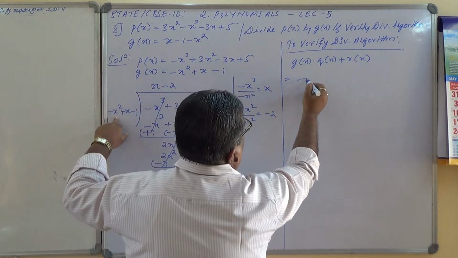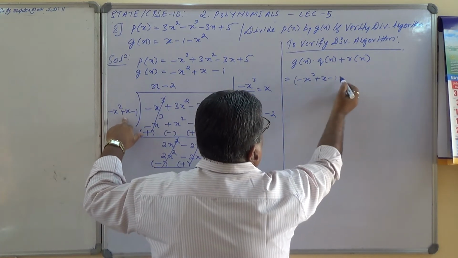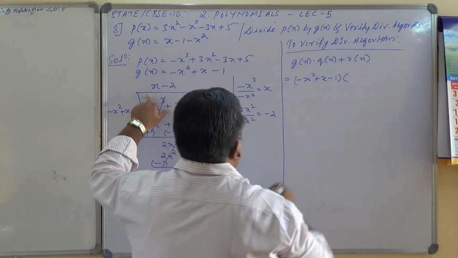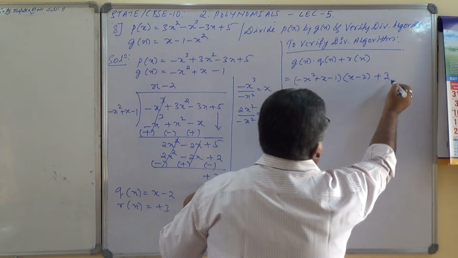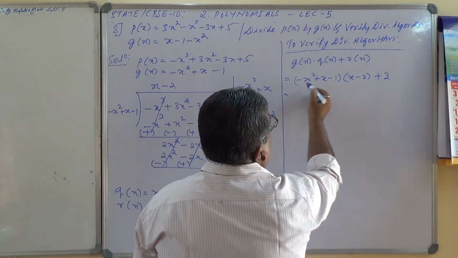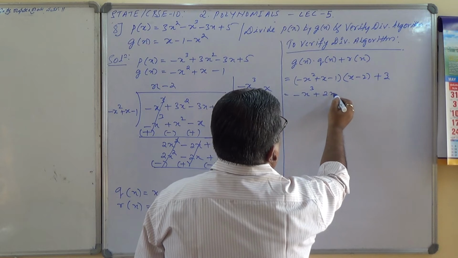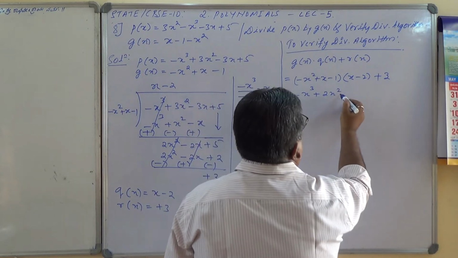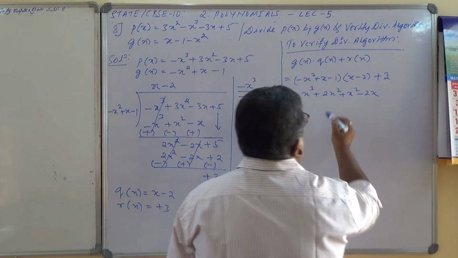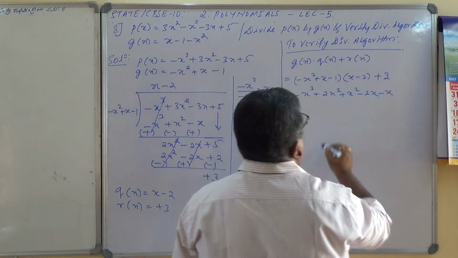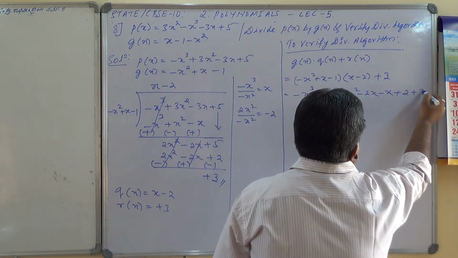Minus x square plus x minus 1 into q of x, x minus 2, plus r of x, 3, which equals this into this, minus x cube minus of minus 2x square plus x into this plus x square, x into minus 2 minus 2x minus 1 into x minus x minus of minus plus 1 into 2 2 plus 3.